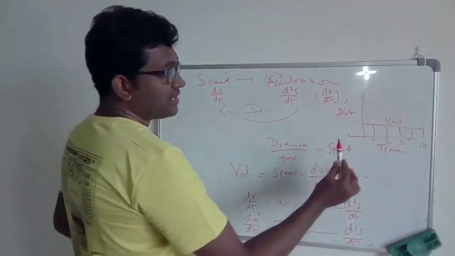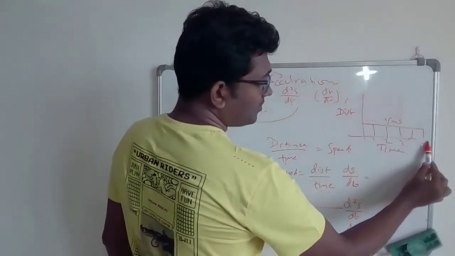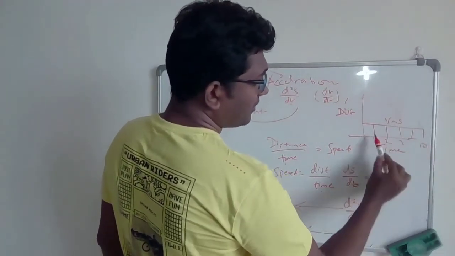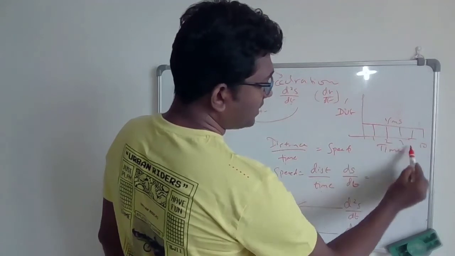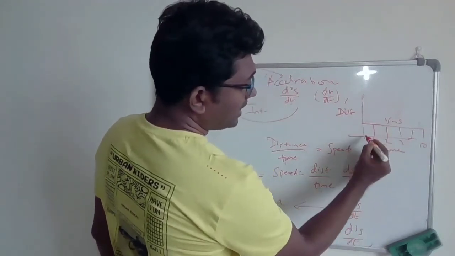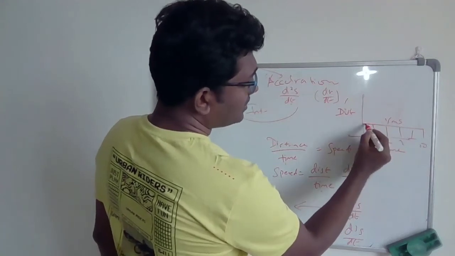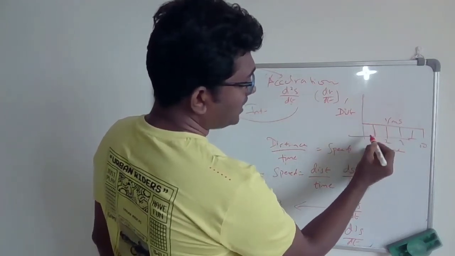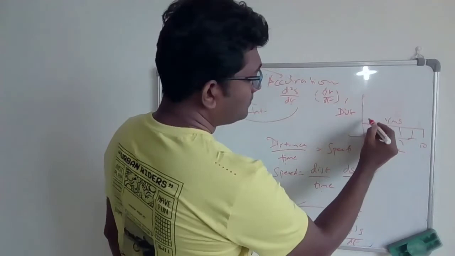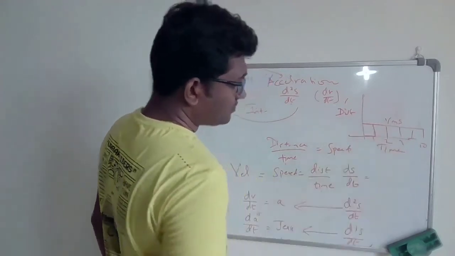So if you wanted to find the distance, you are integrating all the speed with respect to time. One rectangle is like, for 1 second, what is the change in distance with respect to time.